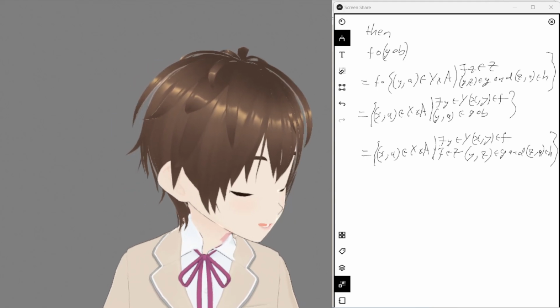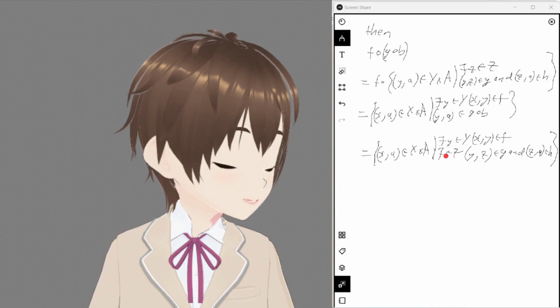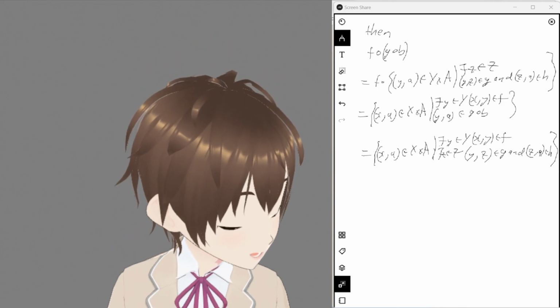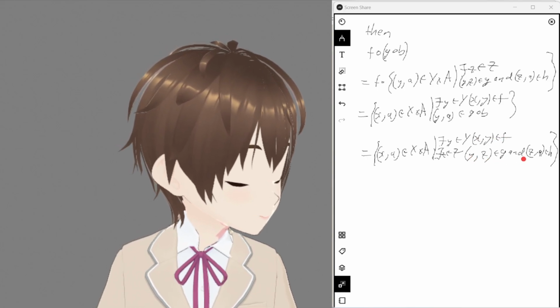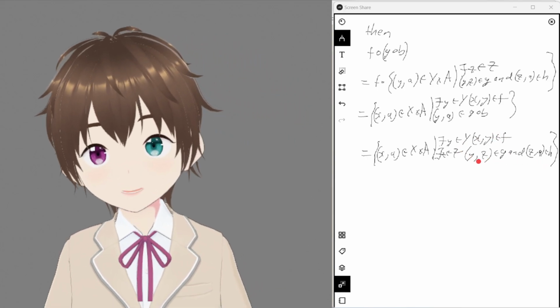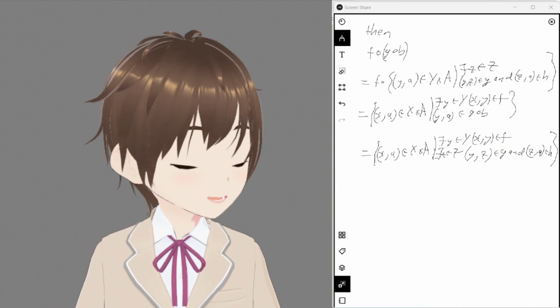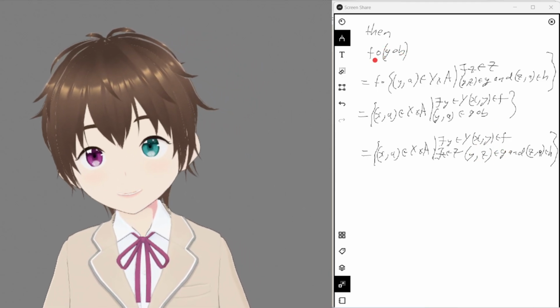So if we look at this condition here, we have there exists a Y and a Z such that (x, y) is in f, (y, z) is in g, and (z, a) is in h. This is not lopsided. It does not prioritize g and h over f and g.